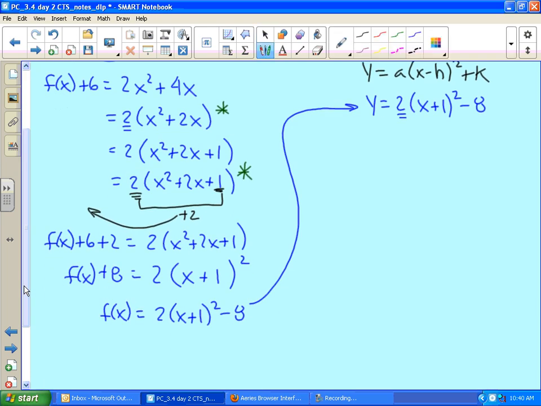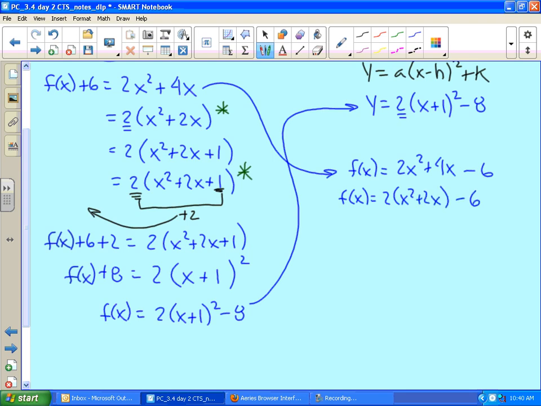Let's kind of go from here. F of x would equal 2x squared plus 4x. Leaving the 6 there, we would do the following. F of x equals 2 times x squared plus 2x, minus 6.